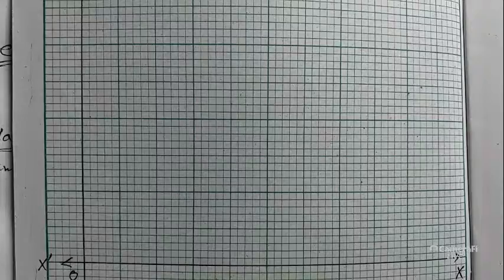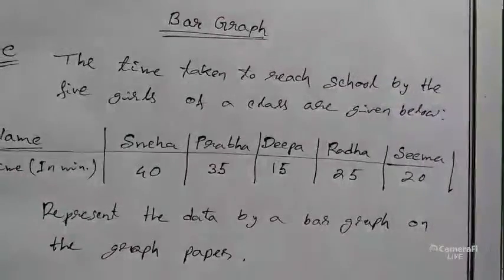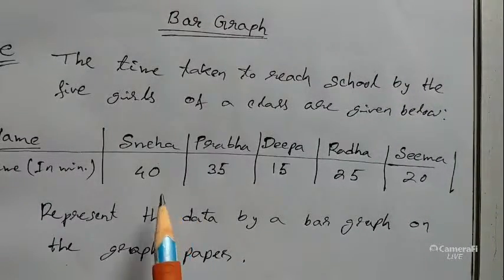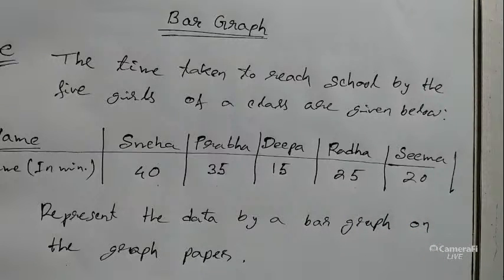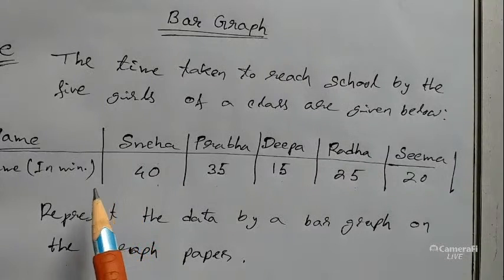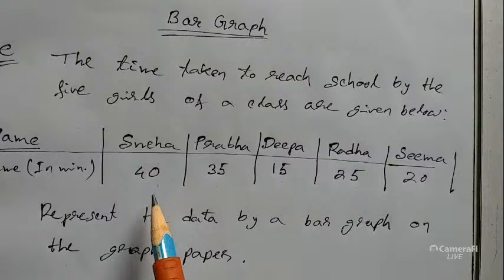Now in the given data you can see the numbers 40, 35, 15, 25, 20. So we can choose a scale for this. Since the minutes of time are not very large, we can take one small square equal to 1 minute.